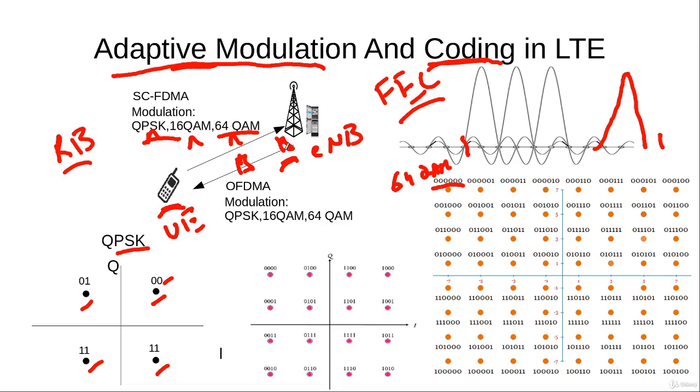So here obviously when the user equipment is near the E node B, more data would be sent to the E node B. So by adopting the modulation and the coding, actually we adapt the data rate as a function of the channel conditions. And adaptive modulation and coding not only takes place in the uplink, but it also takes place in the downlink.